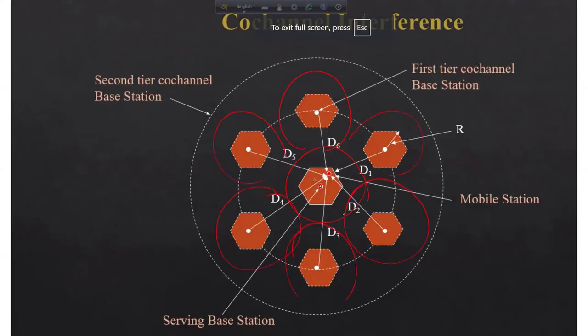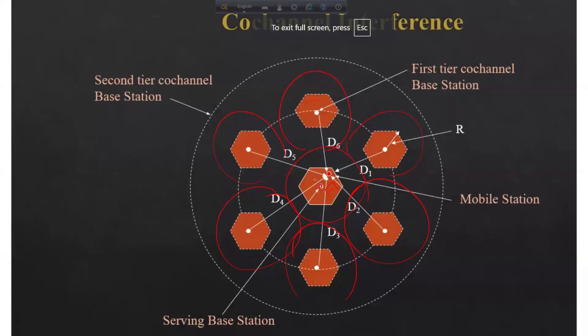In these clusters, this cell is using this frequency. Say for example, this is using F1, and these orange colored cells are also using F1. So these cells will create co-channel interference for this center cell.